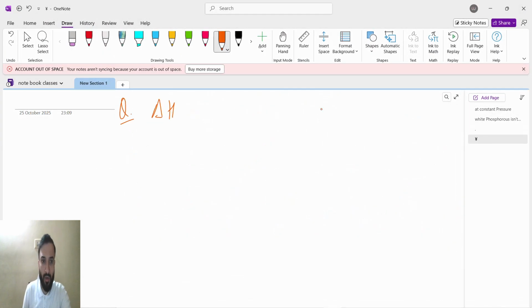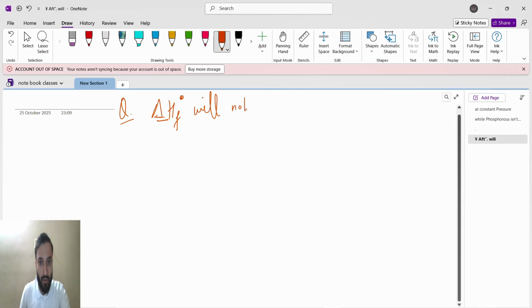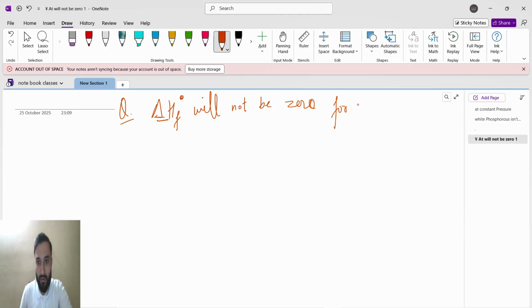Question number 1: delta H_f naught, which means we have to find the standard enthalpy of formation. The naught indicates standard, H indicates enthalpy, and f means formation. The standard enthalpy of formation will not be 0 for which of the following?